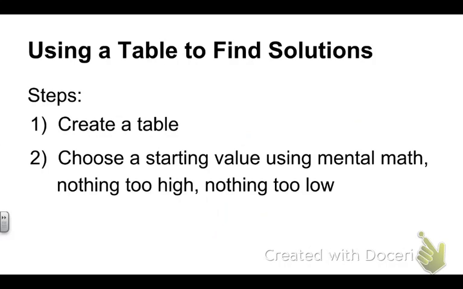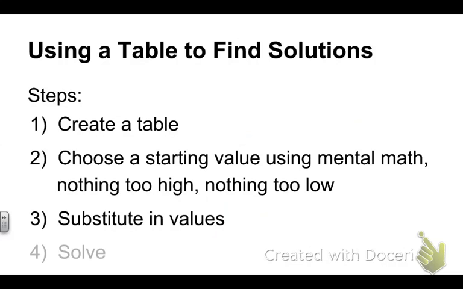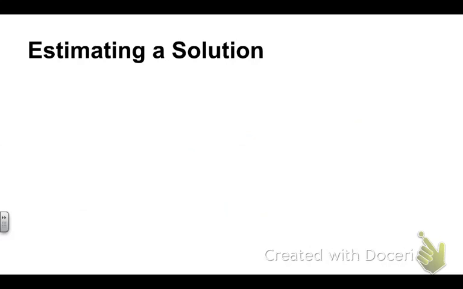So don't choose anything too high, don't choose anything too low. Pick a reasonable starting value. It's not always going to be 0 or 1. And then substitute in values and solve. That's how you can use a table.